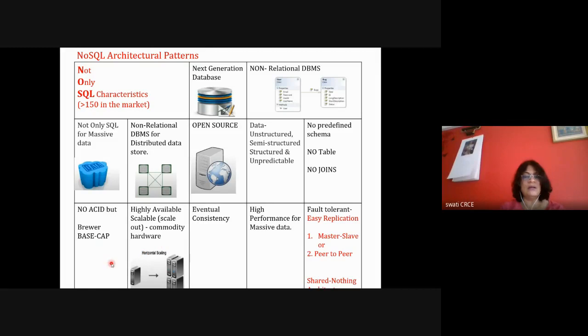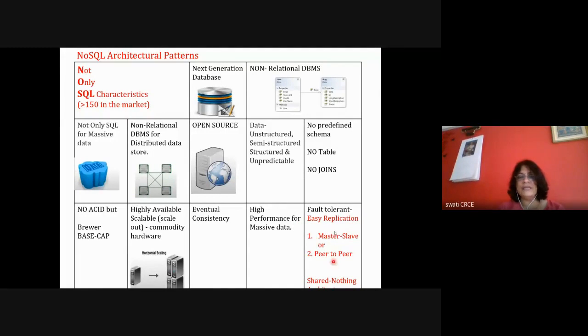NoSQL databases have only eventual consistency, but they follow availability and partition tolerance. But there are some NoSQL databases which have different sets. There are multiple NoSQL databases, and as per your requirement, you can select.